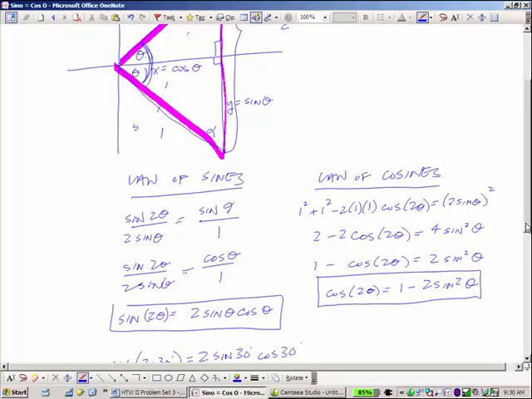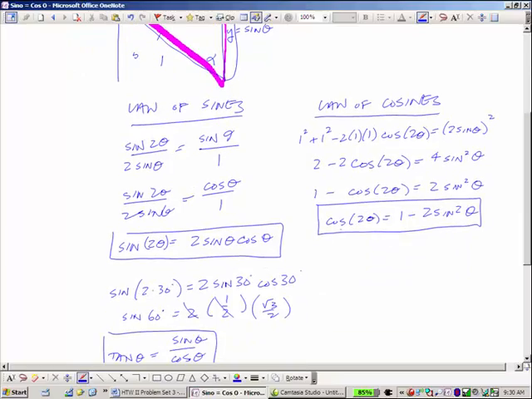What does that mean? That means that the cosine of a double angle, again, it's a double angle identity, the cosine of twice an angle is equal to 1 minus 2 sine squared of an angle.